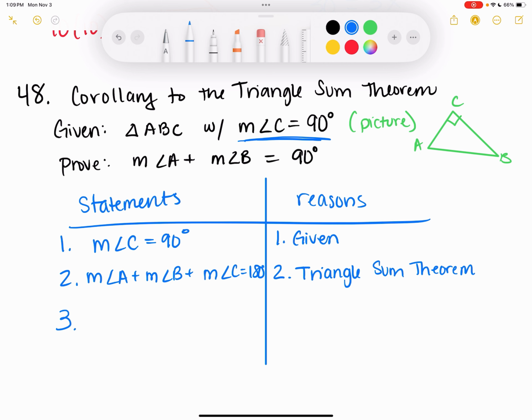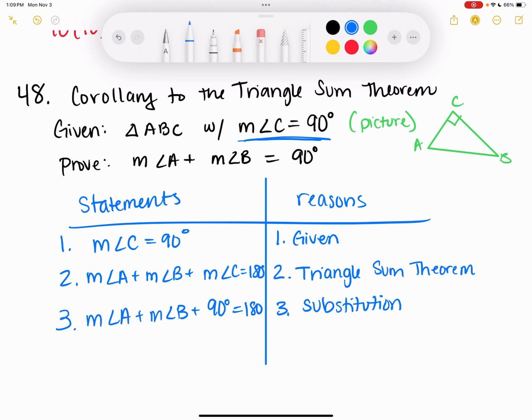Measure of C is 90, so why don't I plug it in? I haven't even plugged this in yet. I've got to plug it in first. It's the measure of angle A plus the measure of angle B plus 90 degrees equals 180. Yes, and what would the reason for that be? Substitution property. Yep, the measure of A plus the measure of B plus 90 equals 180, and that's by substitution.